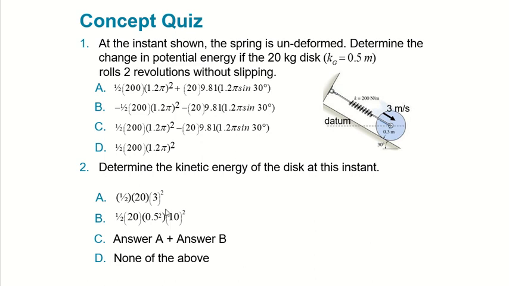So therefore we'll have a translation and the rotation, because the spring is attached to it, so we use this one. So A and B together.